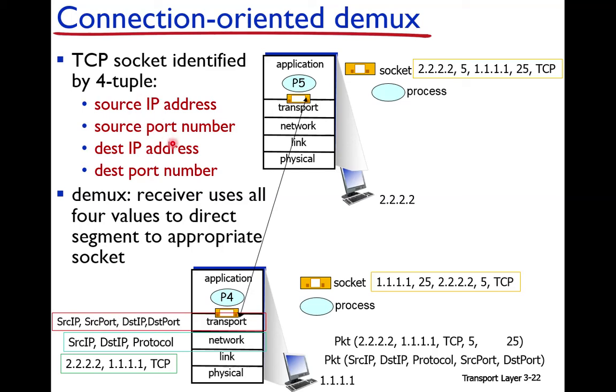Source IP address, source port number, destination IP address, and destination port number. So what is the source IP address? The source IP address is 1.1.1.1, the source port number is 25. No, the source IP address is not 1.1.1.1, it is 2.2.2.2. This is wrong, let me correct it.